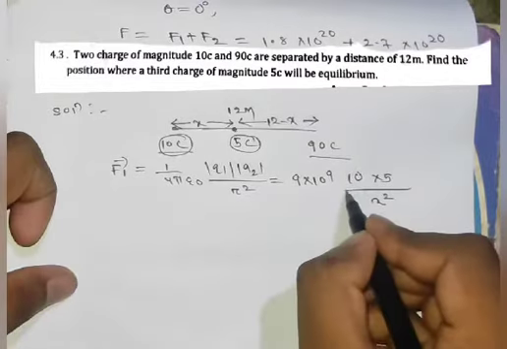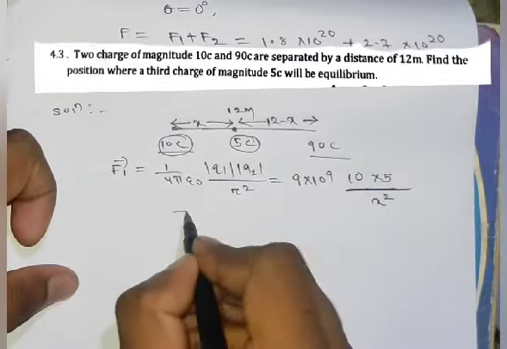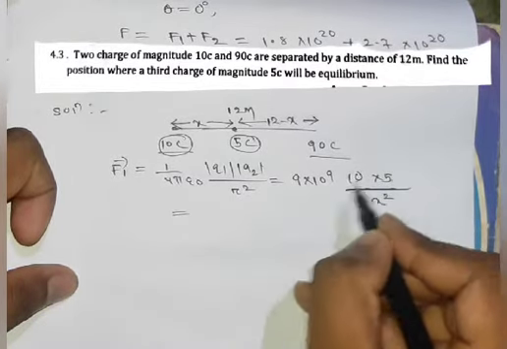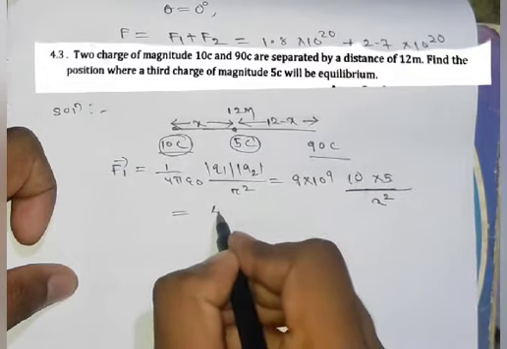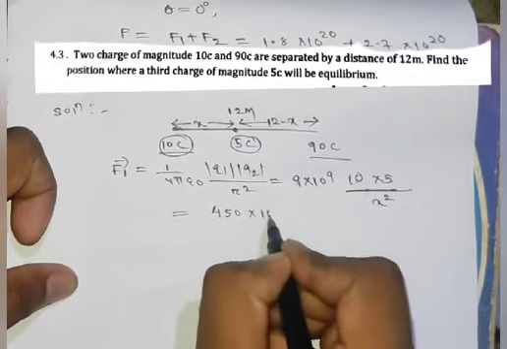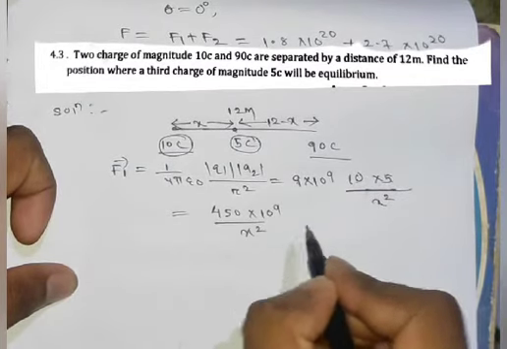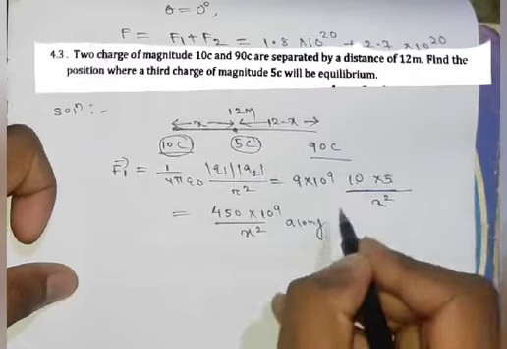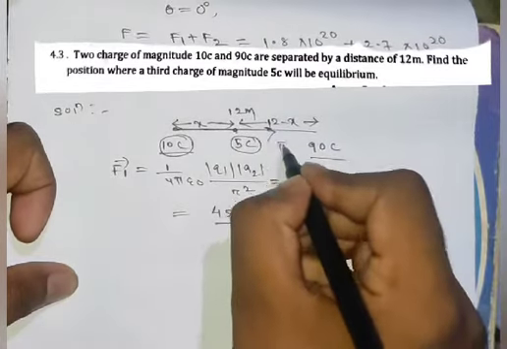When we calculate, it will be 450 into 10 to the power 9 by x square, along F1.